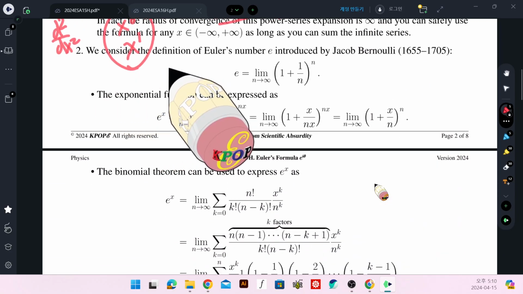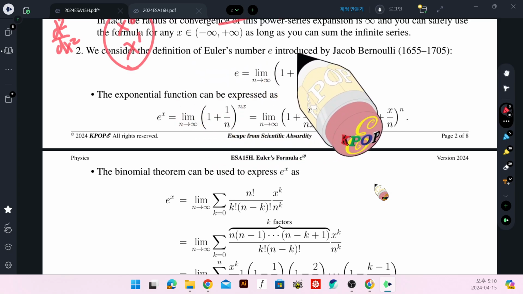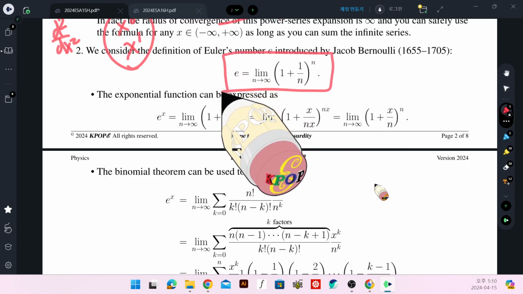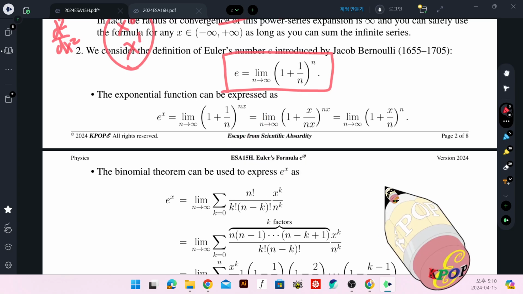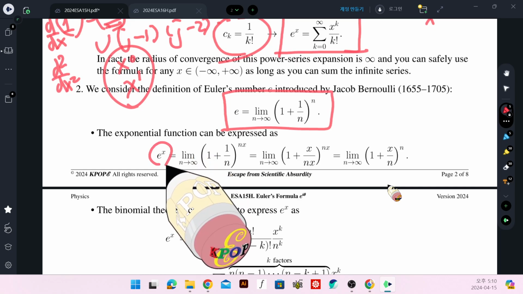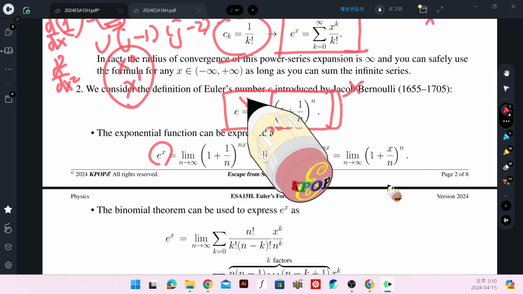We consider the definition of Euler's number e. This is another definition of Euler's number. Let's see. Exponential x can be computed by taking the power x.